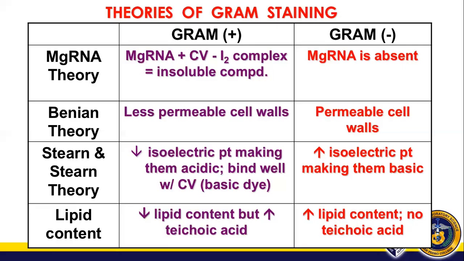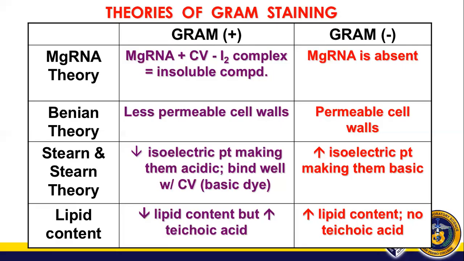For gram-negative, they don't have magnesium RNA, so nothing will bind to the crystal violet iodine complex. Their cell walls are permeable, so even if they have thick lipid layers, the lipopolysaccharide layer is sensitive to acetone alcohol, so it gets perforated and allows materials to come in and out of the cell walls easily.